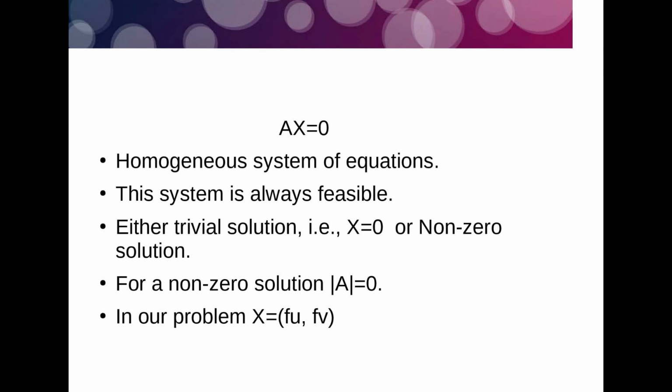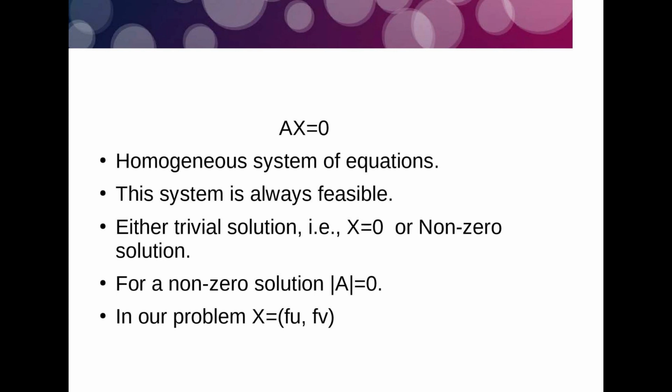It has two types of solution. X equal to 0, that is the trivial solution. We have this solution when the determinant of matrix A is non-zero. It means its inverse exists. And we have a non-zero solution when the determinant of A is 0.